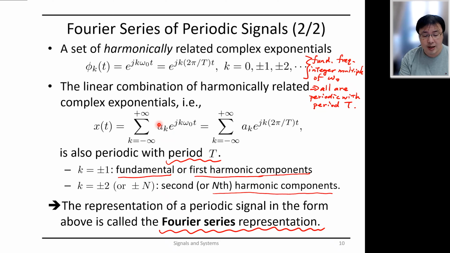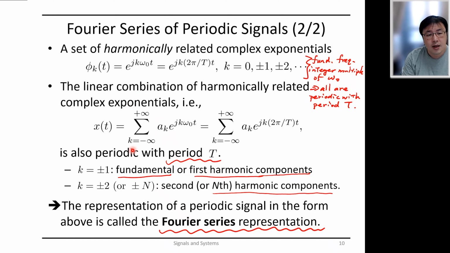So by gathering the signals with all different choices of these linear combining coefficients, you essentially have an infinitely large set of signals that can be constructed by taking linear combinations of these harmonically related complex exponentials.